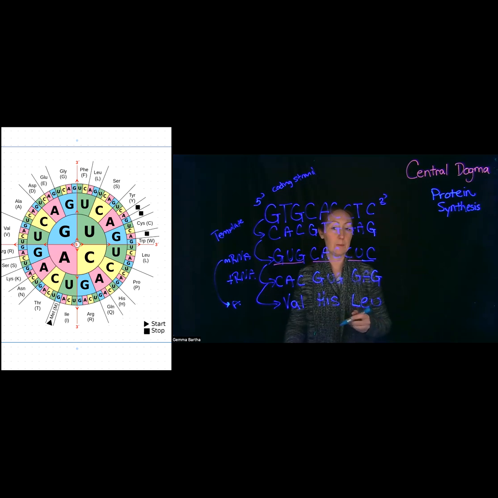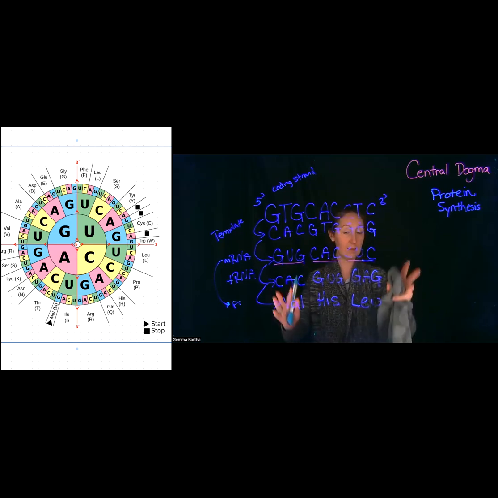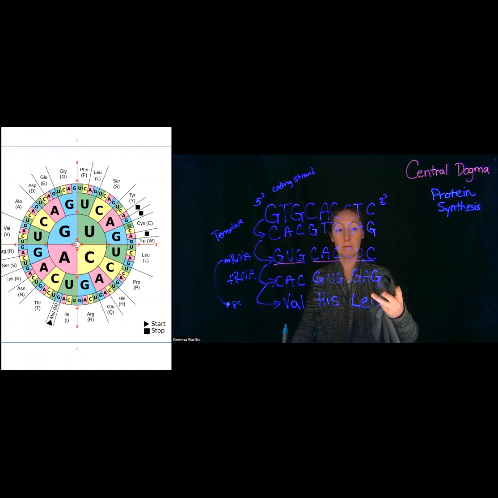What happens if you have something called a frameshift mutation? Now, a frameshift mutation is where 1, 2, 3 different nucleotides can get taken out, and that would completely delete maybe an amino acid or change the shape of an amino acid.